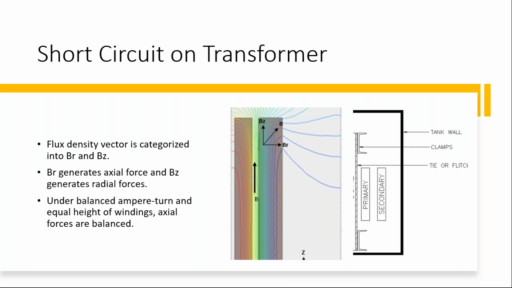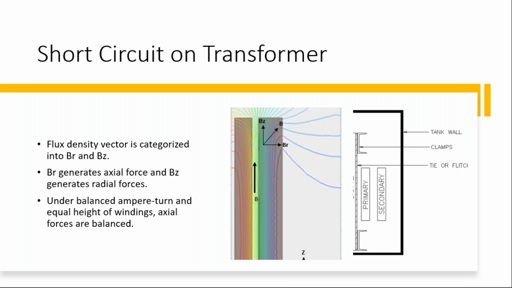When there is an increased amount of ampere-turns, there will be a force increase, and the force will be different at different locations based on the design of the transformer. In this case, on the rightmost, we have an illustration which shows the winding, and we have a tie plate or switch plate and clamps, and we have the primary and secondary winding.